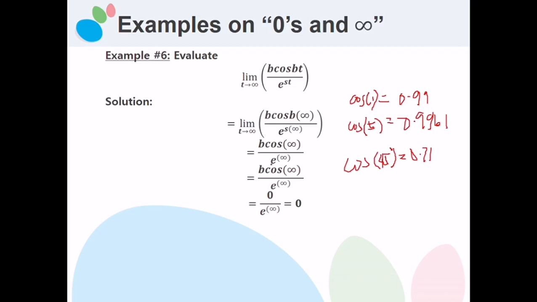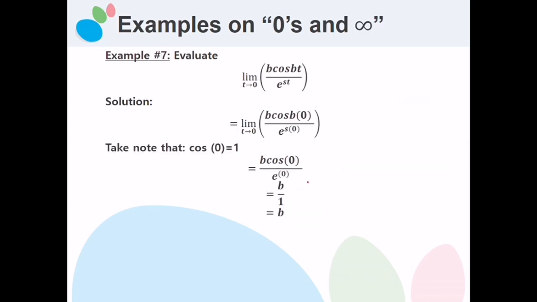So 0 times b is 0, and then e raised to infinity. Zero divided by e raised to infinity is automatically 0, because when the numerator is 0, the result is 0. Therefore our limit of b cosine bt divided by e raised to st, where t approaches infinity, is 0.